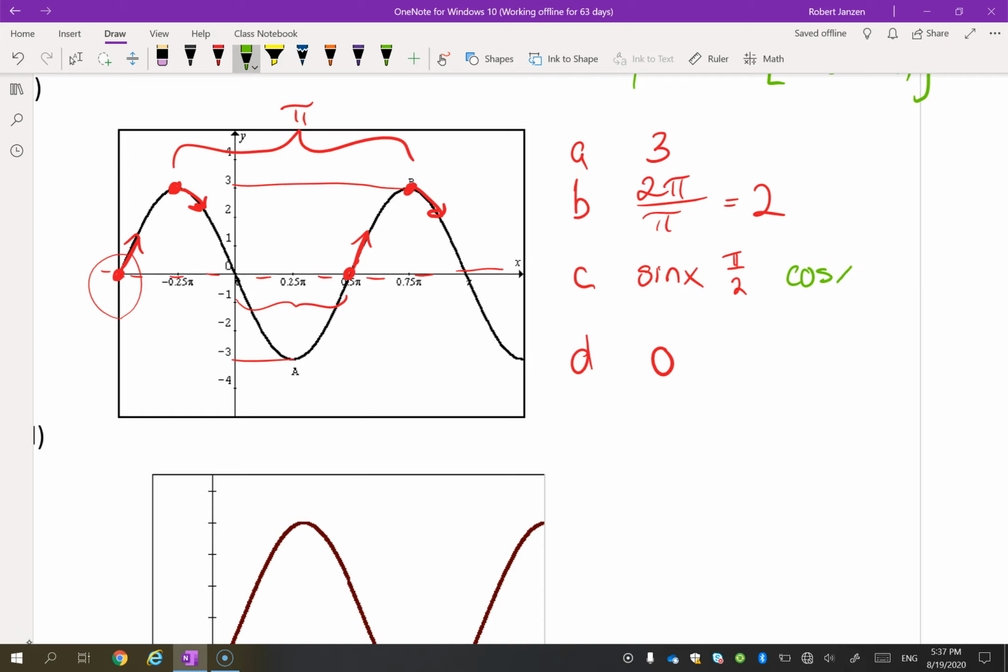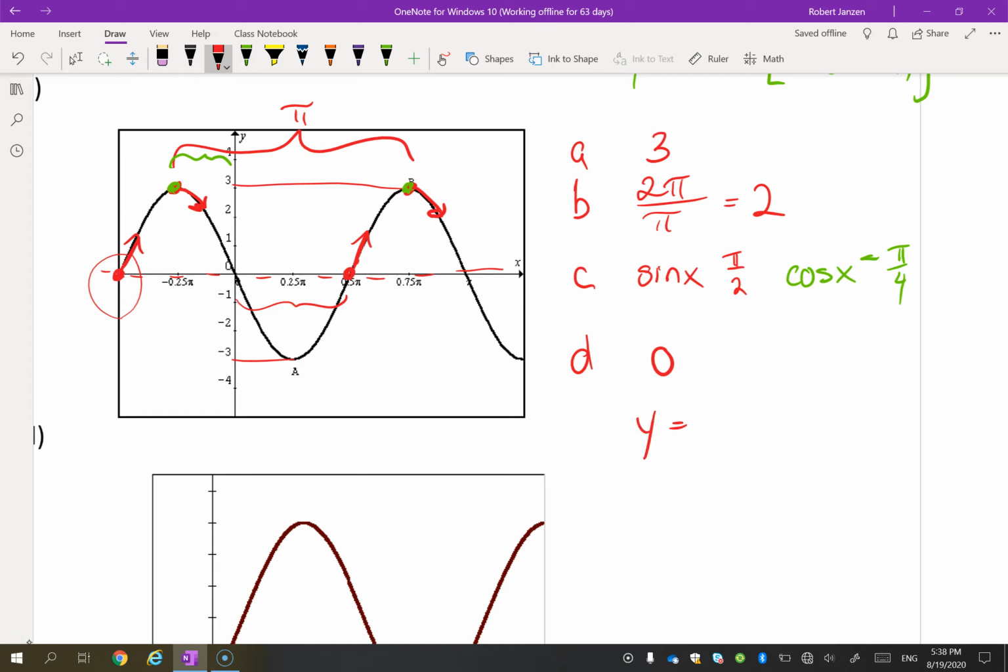What about cosine? Again, we can use either of these peaks. It doesn't matter. Let's use this one here. How far has this moved? This is a phase shift of -pi over 4, -1/4 pi.